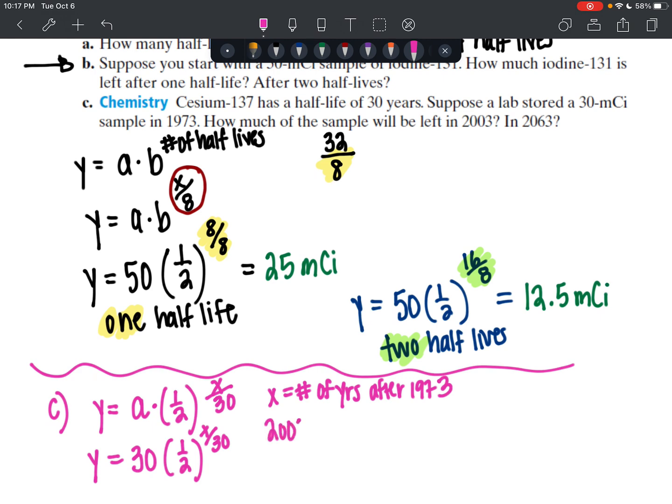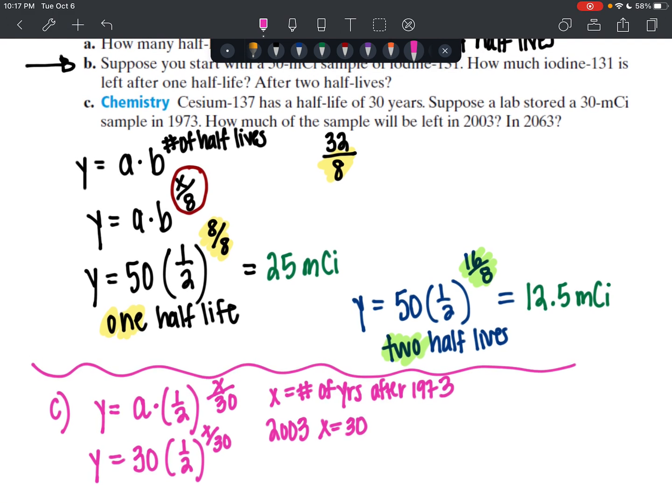Well, in 2003, x would equal 30 because that's 30 years after 1973. So in 2003, that would be 1 full half-life. If it happens every 30 years, then I'm going to end up with 15 millicuries left.